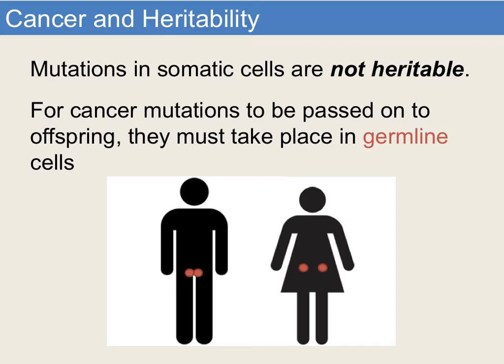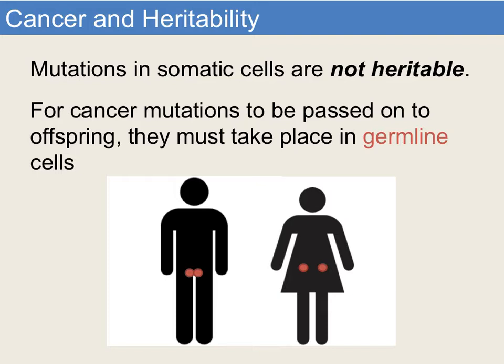So remember, there are two kinds of cells. There's somatic cells, those are all of our other cells besides germline cells. Germline cells only create sperm or eggs, depending on if you're male or female.